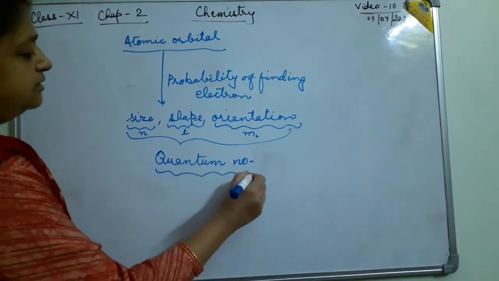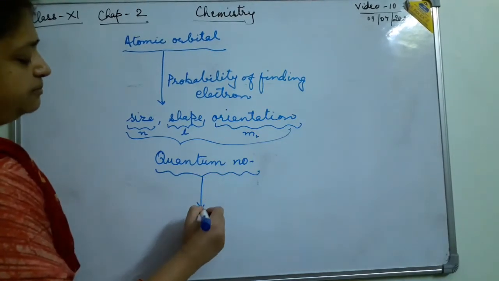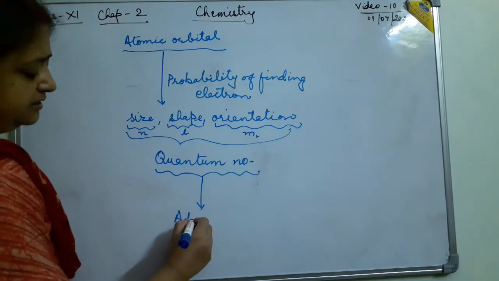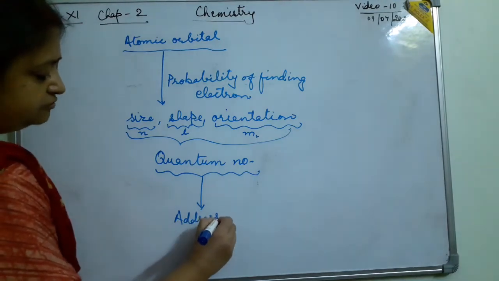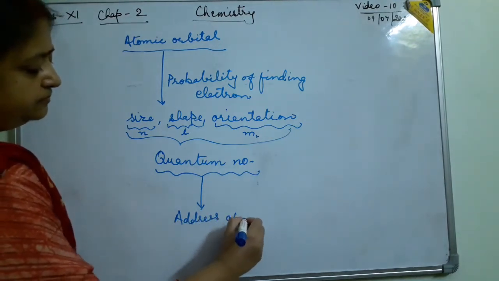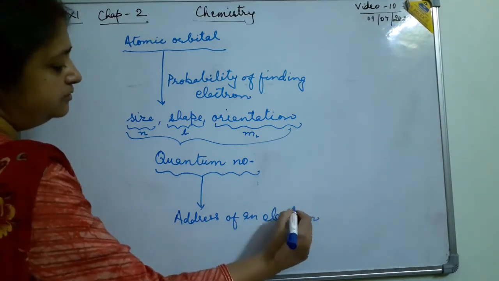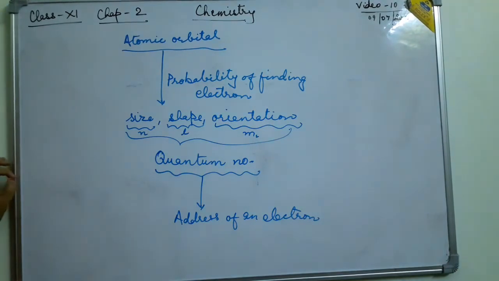This quantum number gives the address of an electron in an atom. Complete address.